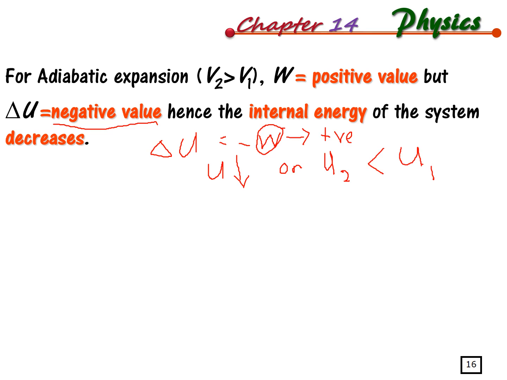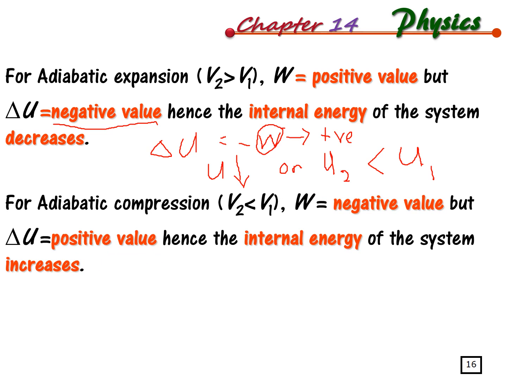Meanwhile, for the adiabatic compression, where the final volume is smaller than the initial volume, the delta U will be positive because W is negative. So delta U equal to negative W since compression.